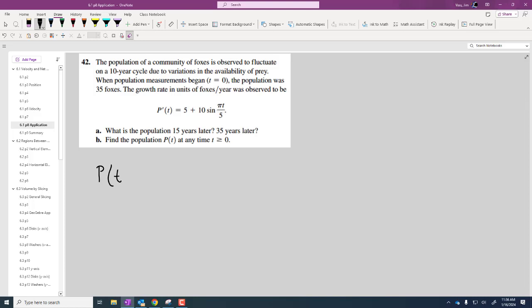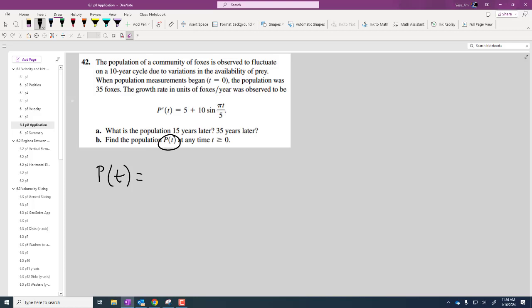We want to know what the future population is. Now this is kind of worded, in my opinion, backwards. Once we find P of t, to find the population in 15 years, we plug in the 15. That's the whole point. You figure out a formula that represents the future population, and then you plug in your t values.